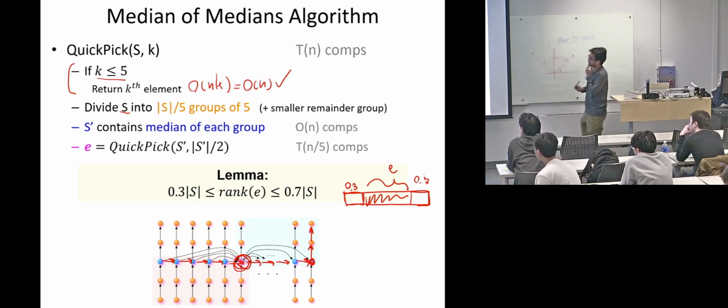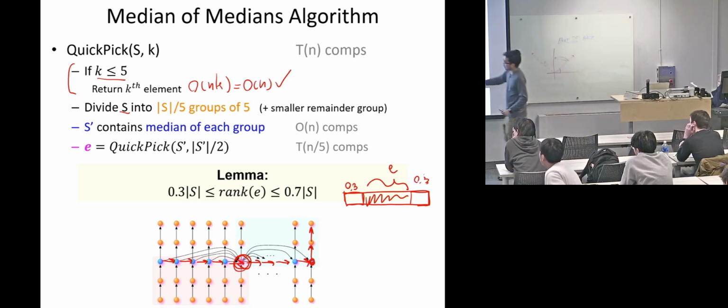So it means that everyone in the blue box is bigger than E, and everyone in the red box is smaller than E. And I want to argue that the blue box is actually at least a 0.3 fraction of the whole set, and similarly the red one.